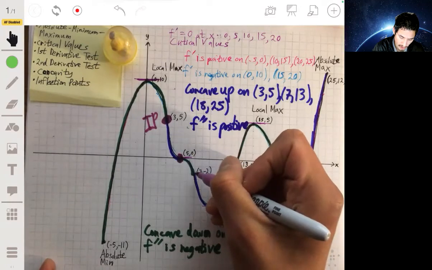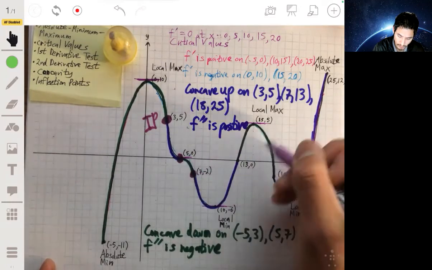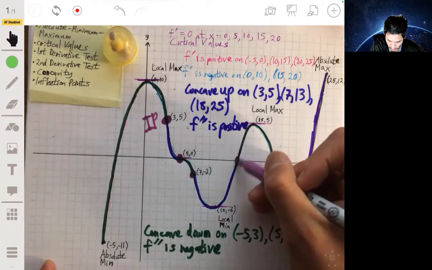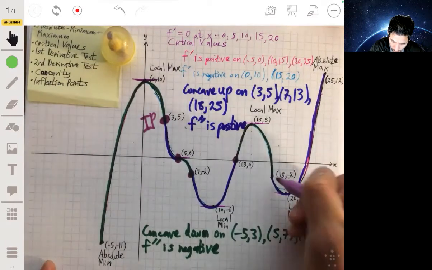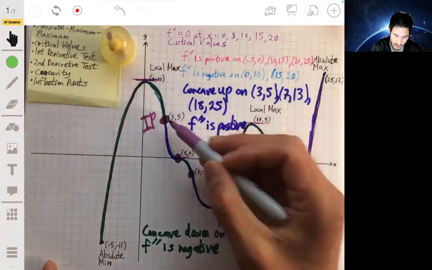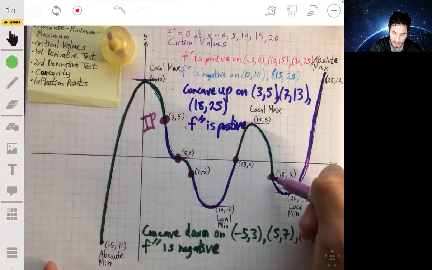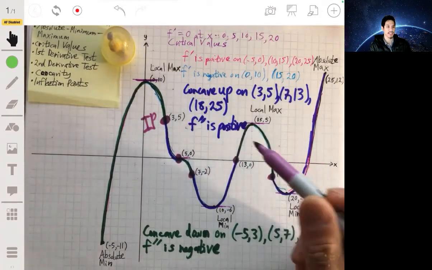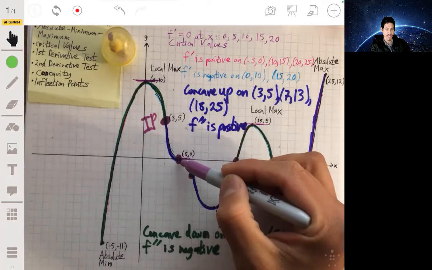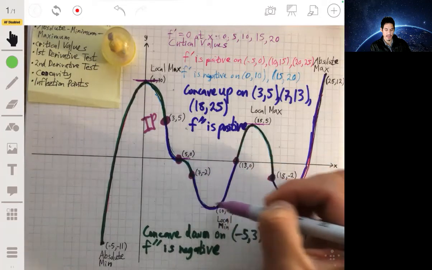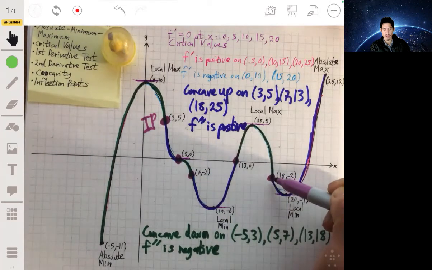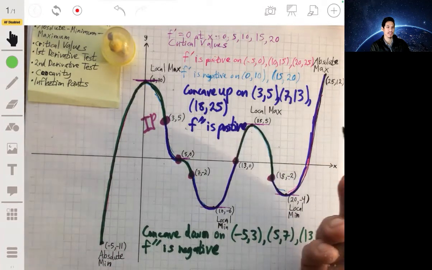An inflection point over here. I got several. We have another inflection point here. Another one here. So we got 1, 2, 3, 4, 5 inflection points, because it's changing concave down to concave up, concave up to concave down, concave down to concave up, concave up to concave down, concave down to concave up. So that's what an inflection point is.